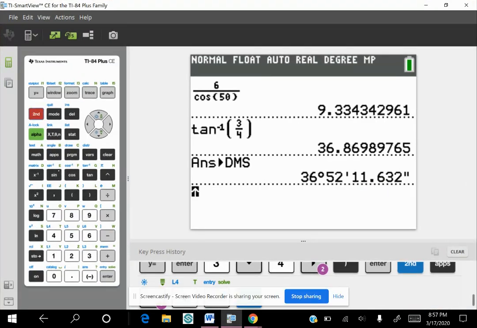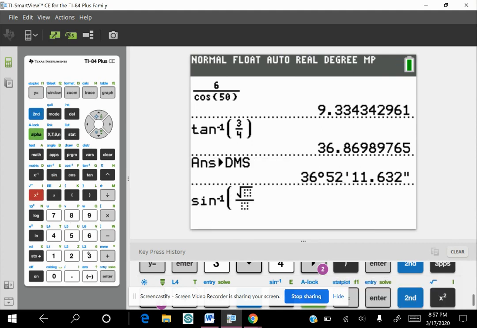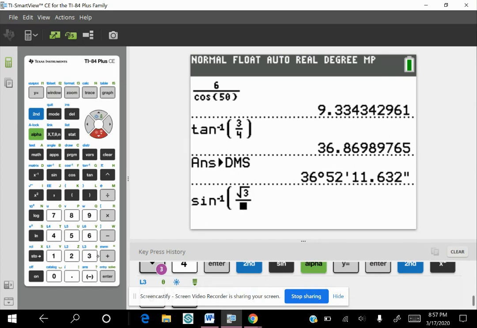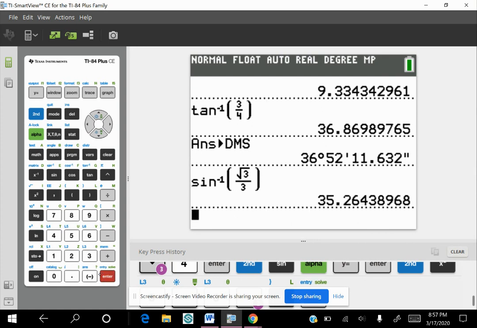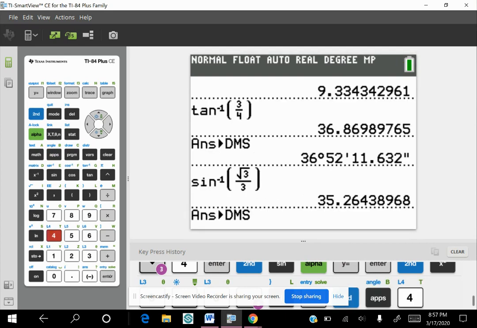So second sine, and I want to do rad 3 over 3. And you would write out that whole decimal. And then while I'm here, Second Apps DMS.